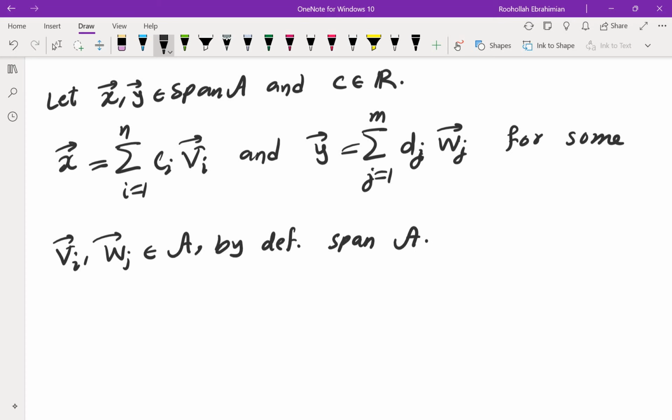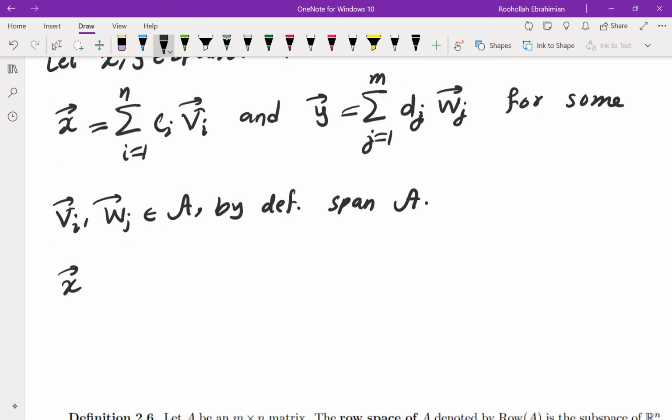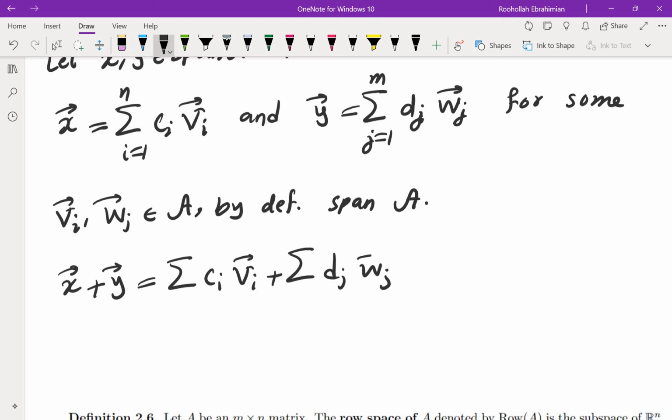Now I'll have to take the sum of these two and I'll have to take the scalar multiple of one of them. If I look at X plus Y, it would be the sum of Ci Vi plus the sum of Dj Wj.